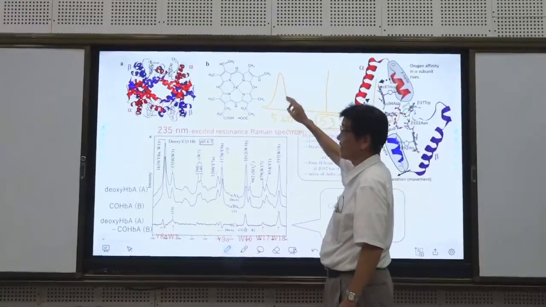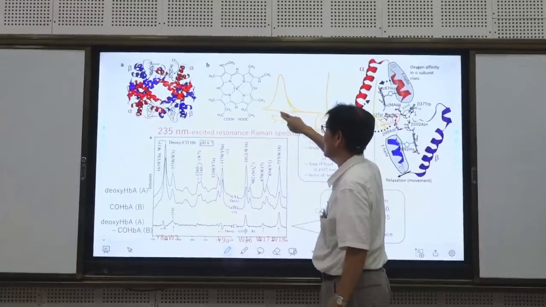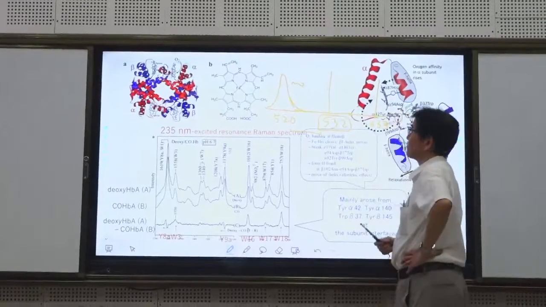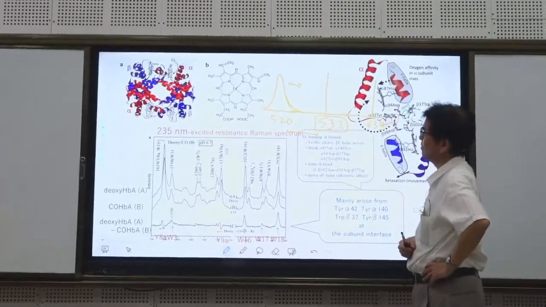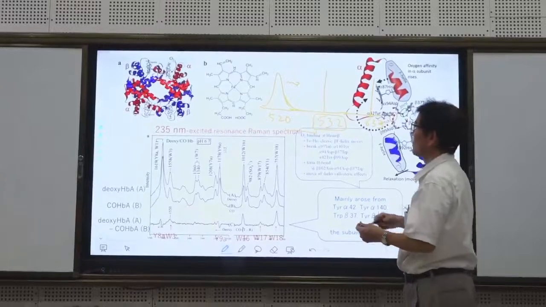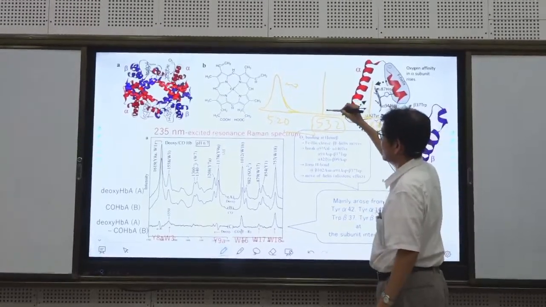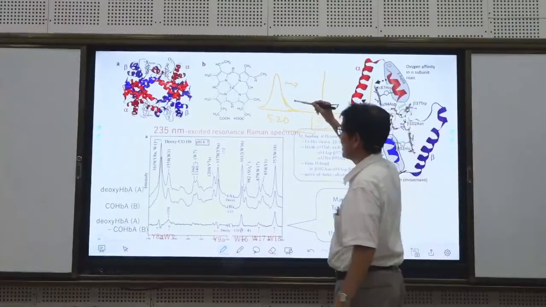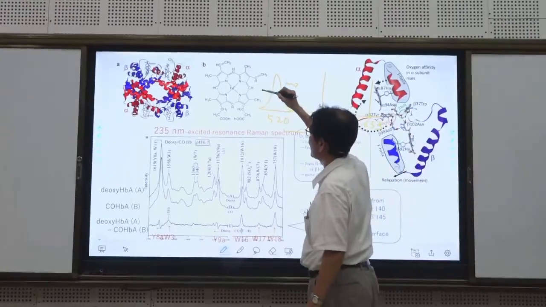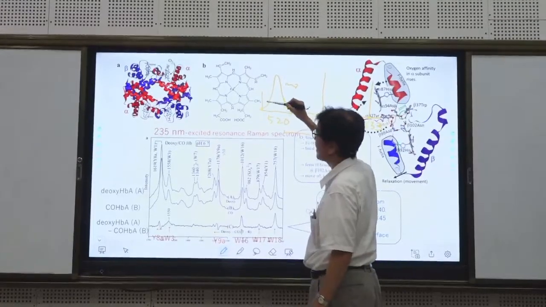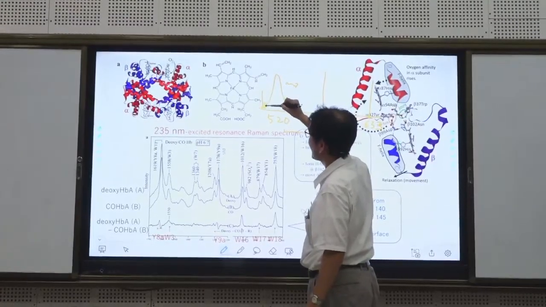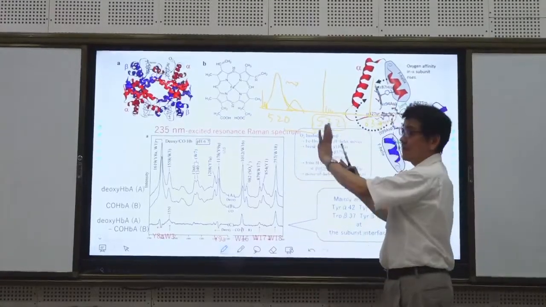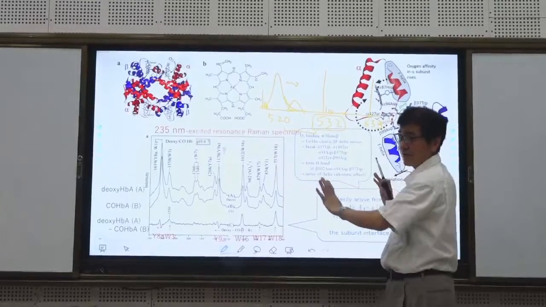This is the absorbance peak, but when you excite here, then fluorescence occurs. The Raman scattering is a shift from the excitation wavelength. So if possible, you may choose this side. Then the Raman band is here and the fluorescence is here, so you can separate the Raman signal from fluorescence.